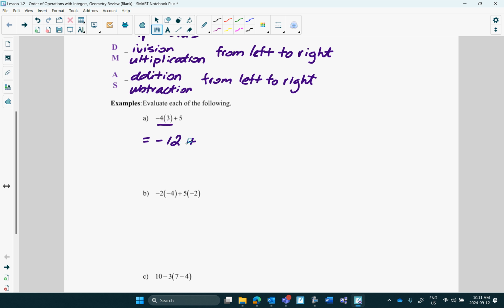And I still have the +5 because that addition gets done last. And therefore -12 plus 5 gives me -7. Good. I always just put 2 little bars there at the final answer. That's just what I do out of habit. There's nothing mathematical about it. Good. Okay.